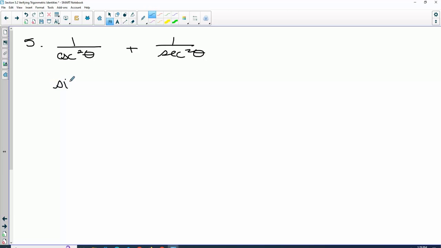That turns into sine squared. What is 1 over secant? What's sine squared plus cosine squared? That's it. It's a good problem.